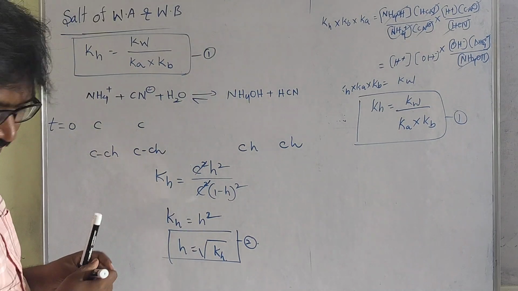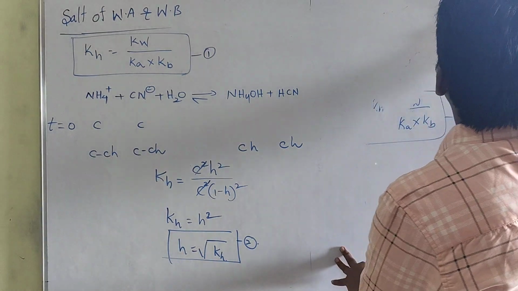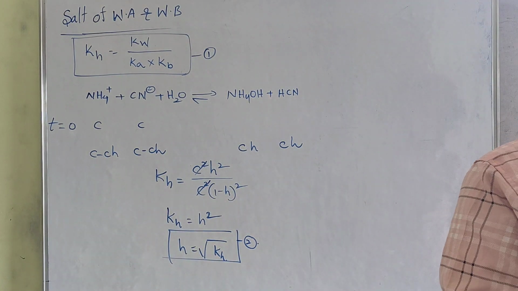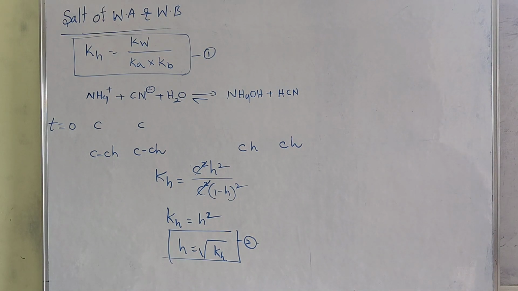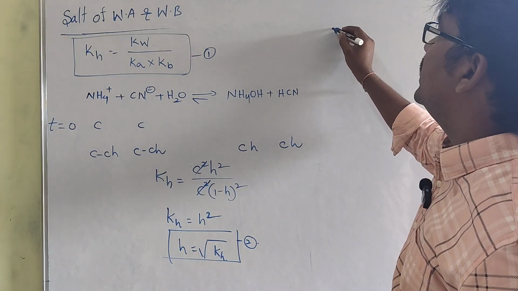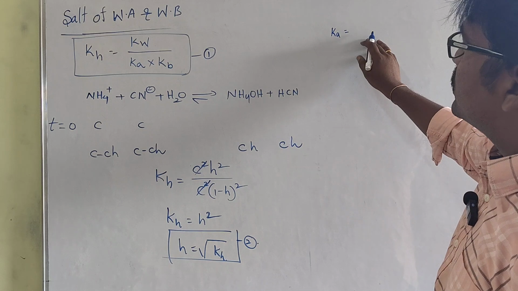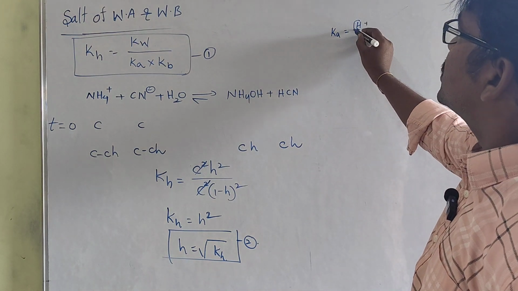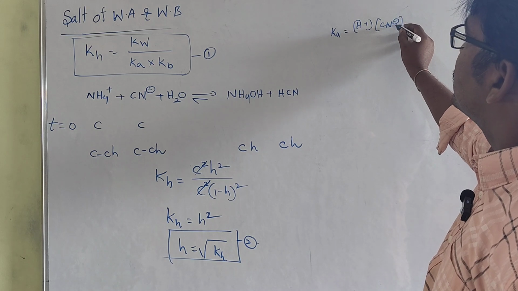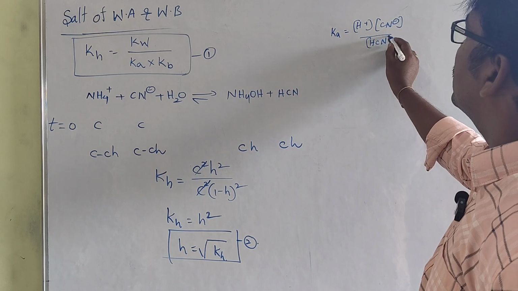That is equation number 2. So now, how to find the H plus ion concentration for this? Here you have to take it from the base itself. Ka equals H plus ion concentration into CN minus ion concentration, divided by HCN concentration.